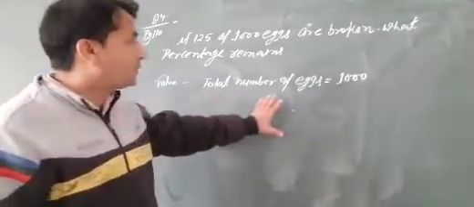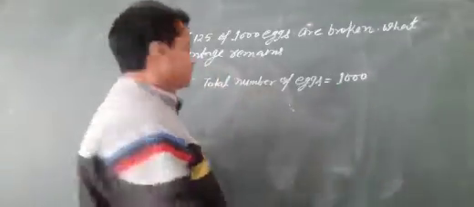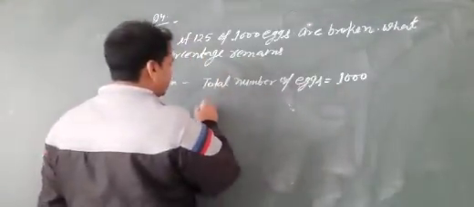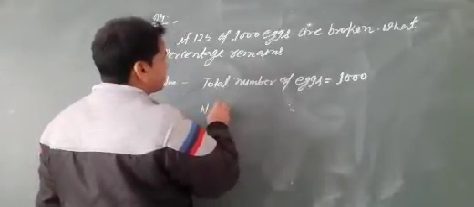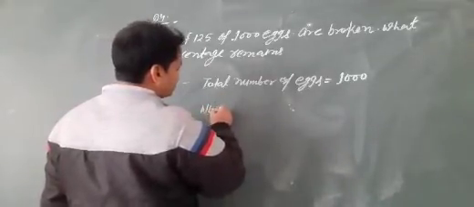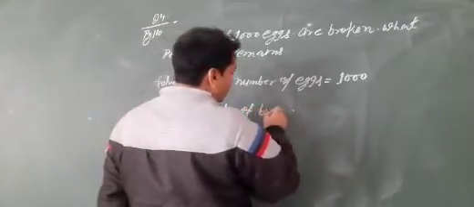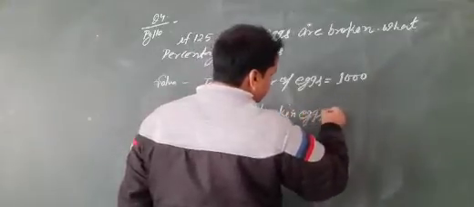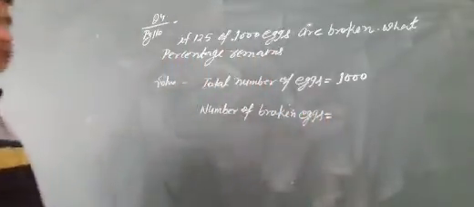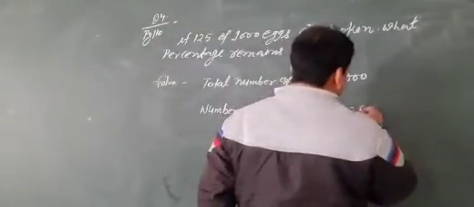So the total number of eggs is 1000, and the number of broken eggs is 125.